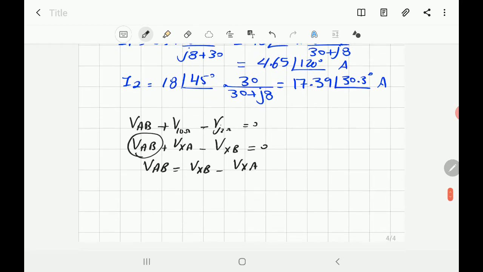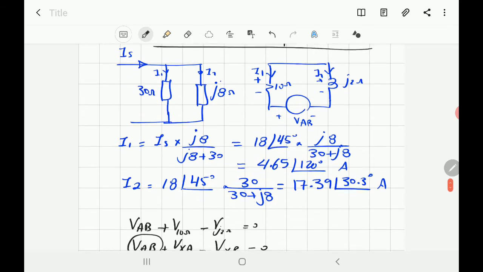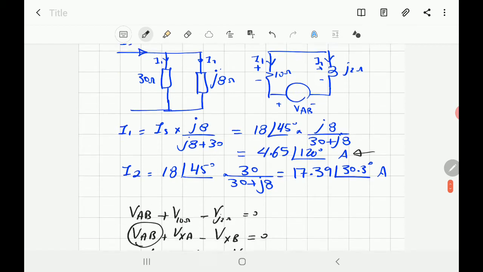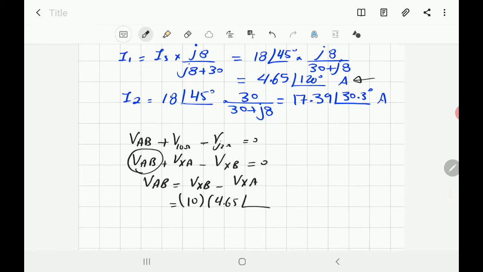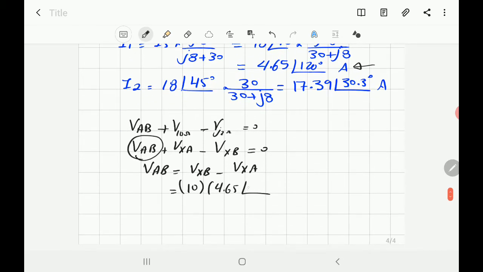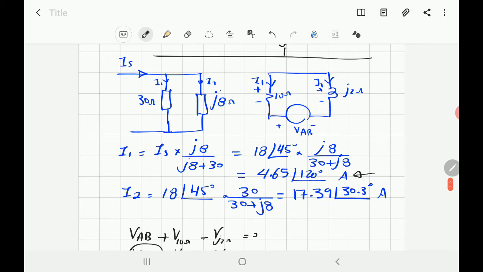Now I will find VXB, which is the voltage across 10 ohm. So I multiply 10 ohm by the current I1. I got it here, that's I1, 4.65 angle 120. That's VXB. VXA is the voltage across J2 ohm.